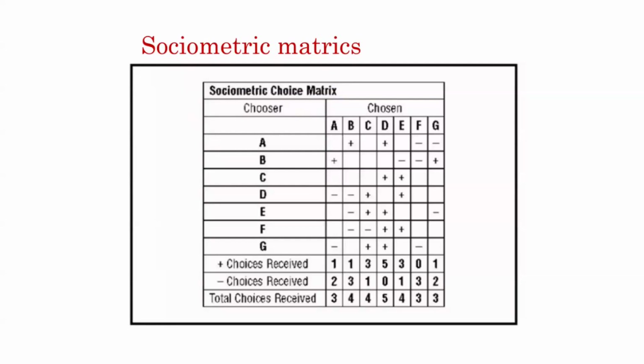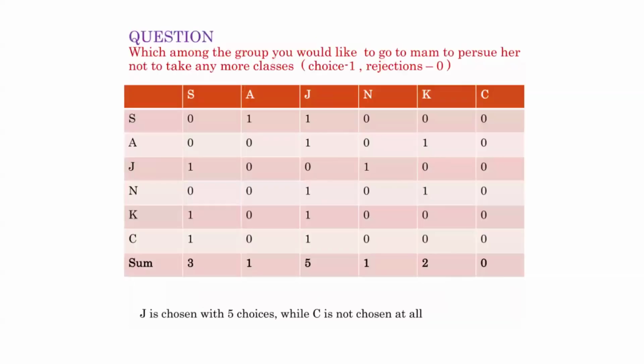Your question is, which among the group you would like to go to. Choice is 1, reject is 0.